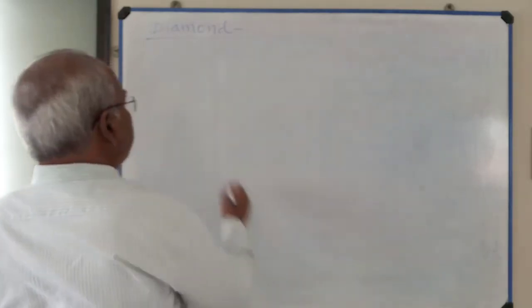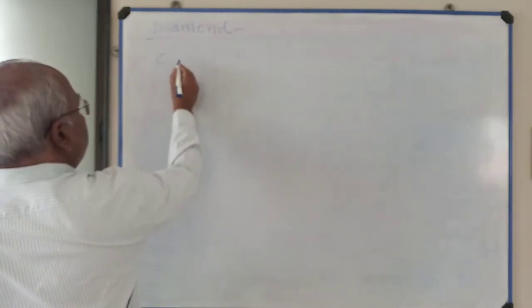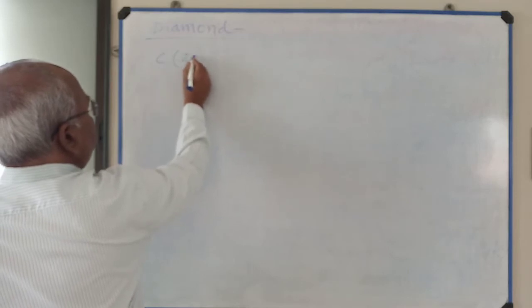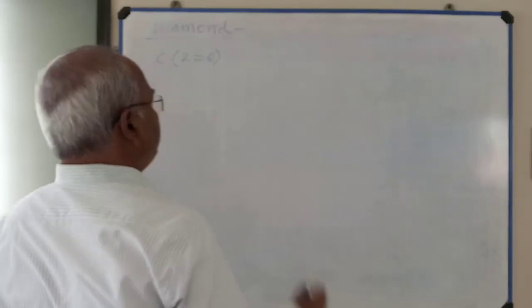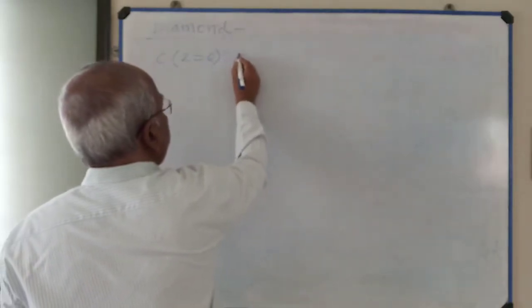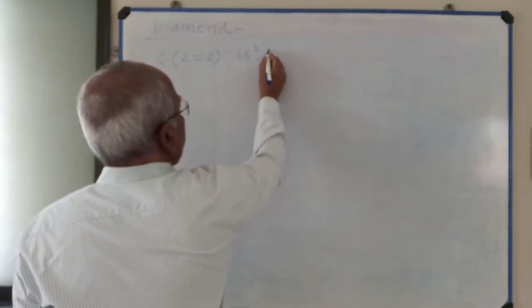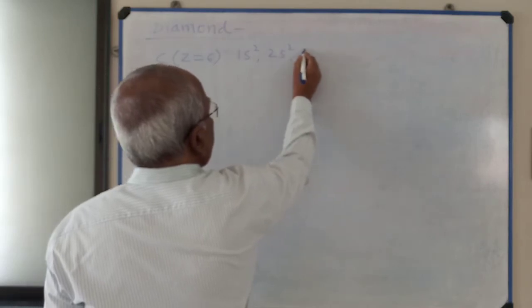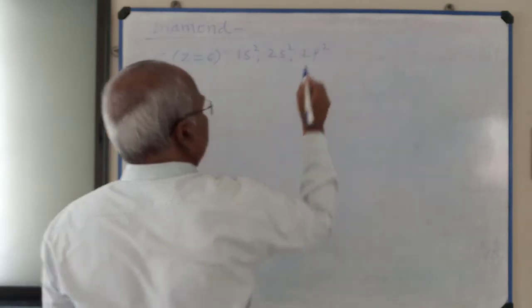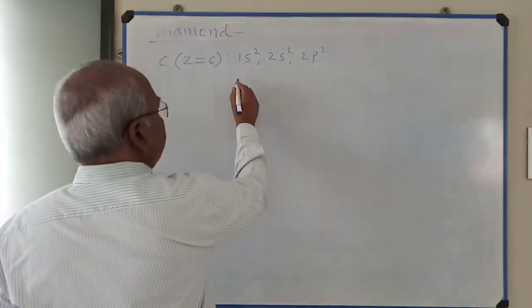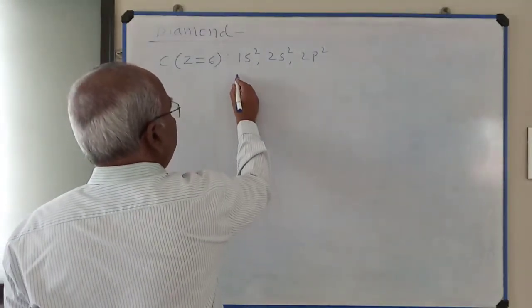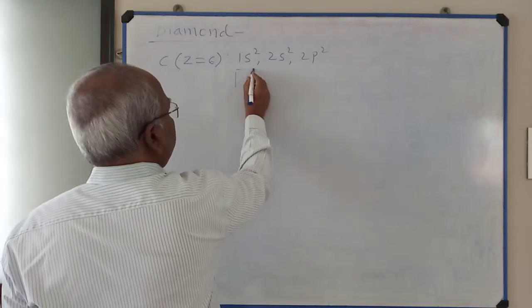So you know that this is carbon having atomic number 6. Its electronic configuration is 1s2, 2s2, 2p2. I represent this electronic configuration by a box diagram.